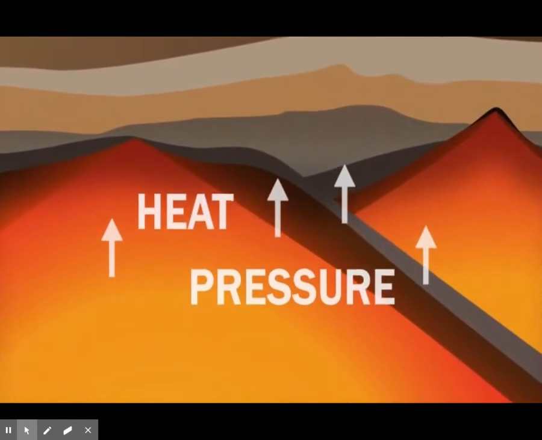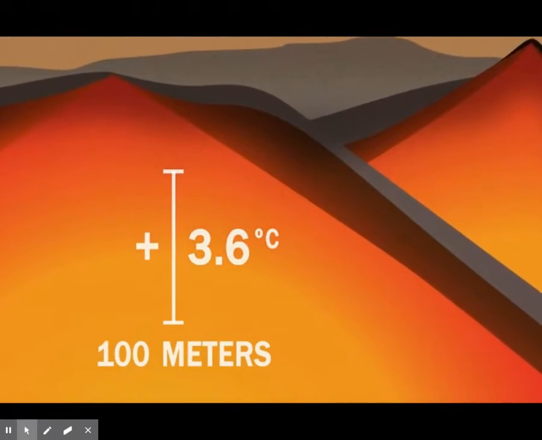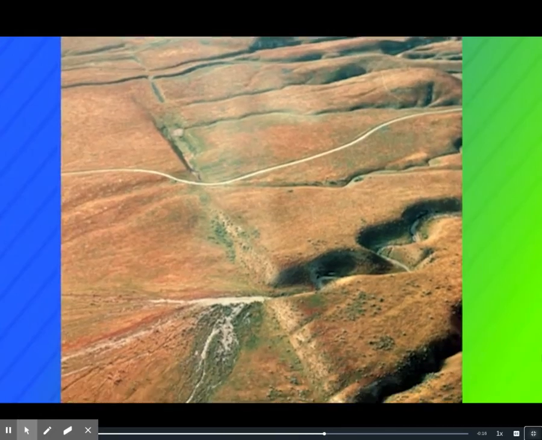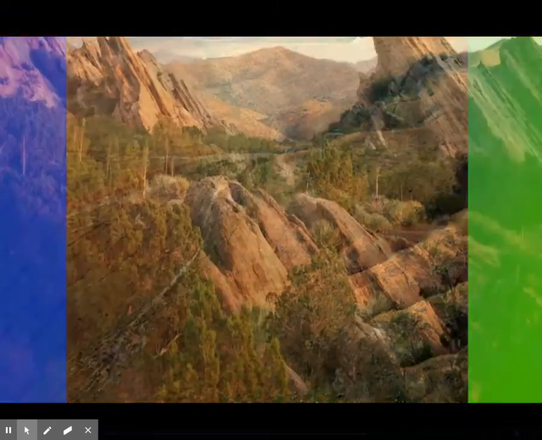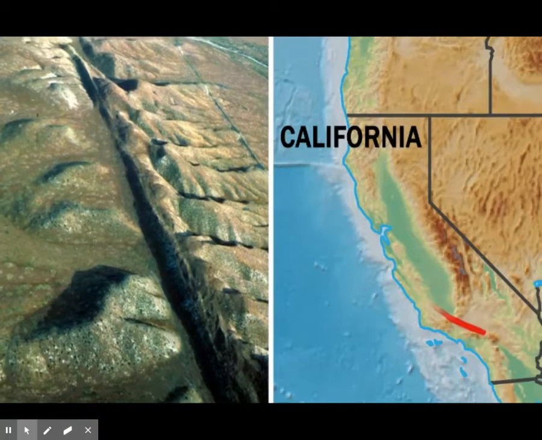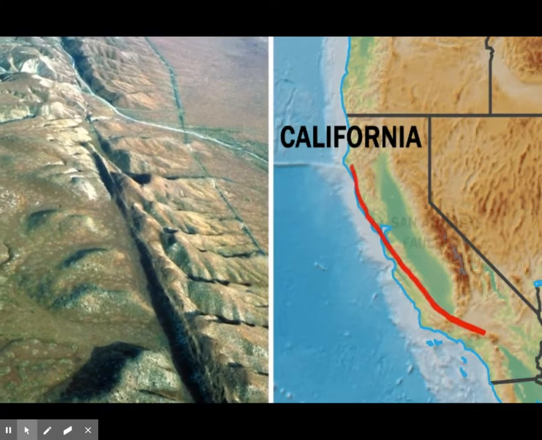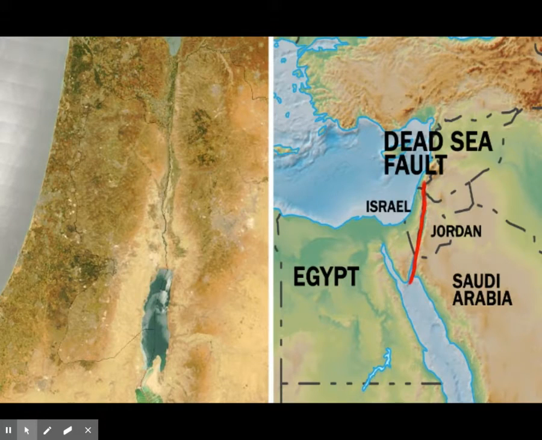On average, temperature increases 3.6 degrees Celsius per 100 meters of depth. Increases in pressure may also be directional, occurring, for example, from the stresses caused by plates colliding in the process of mountain building, or sliding past each other, such as the shearing stresses at the San Andreas Fault in California, or the Dead Sea Fault in the Middle East.